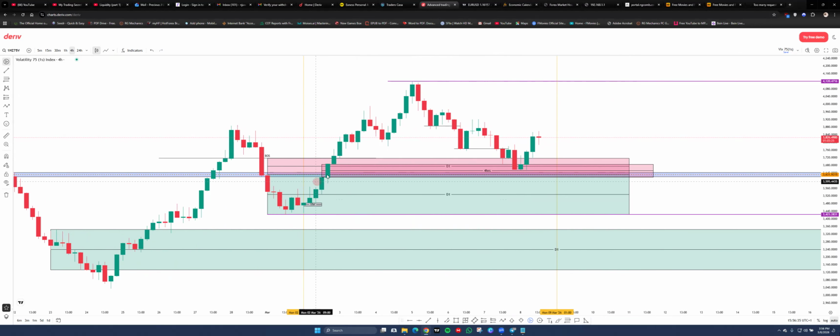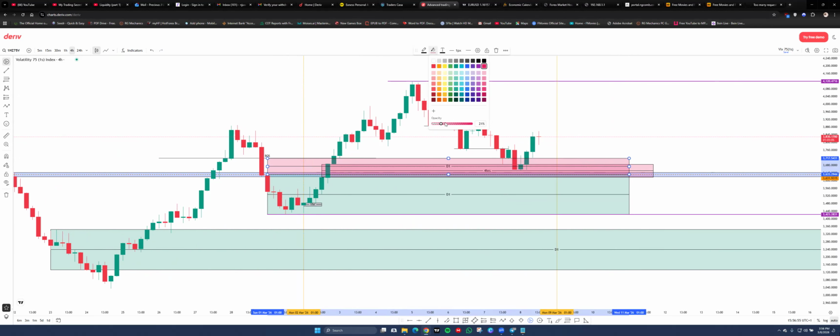So on the 4 hours in this zone area, we see this fair value gap. It's here. I don't know how to put it to you guys. I think I should reduce the opacity of the coloring on this one. I should make it transparent on the daily fair value gap.